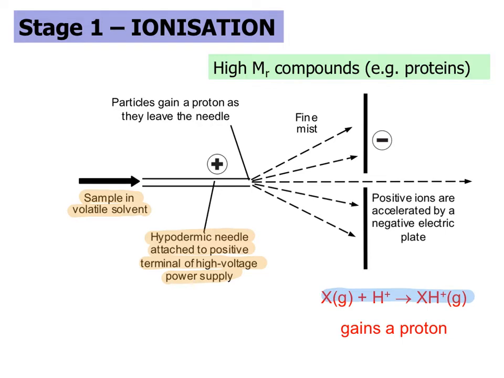But we do just have to be aware of this different method here, spray ionization, and it has once come up in an exam, so you mustn't ignore it. But most of our focus and most of the questions that you see, so just remember that as well, will be about high energy electrons knocking an electron off. But don't forget about spray ionization.